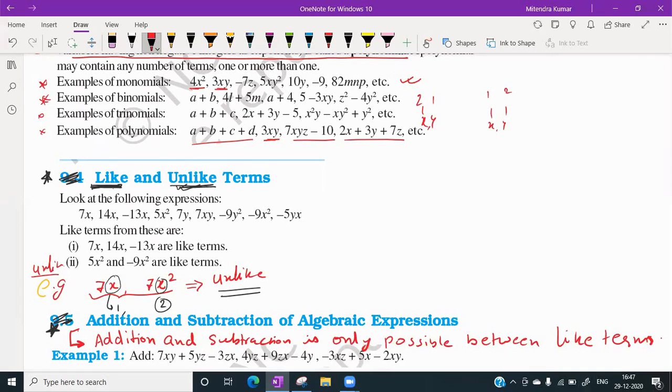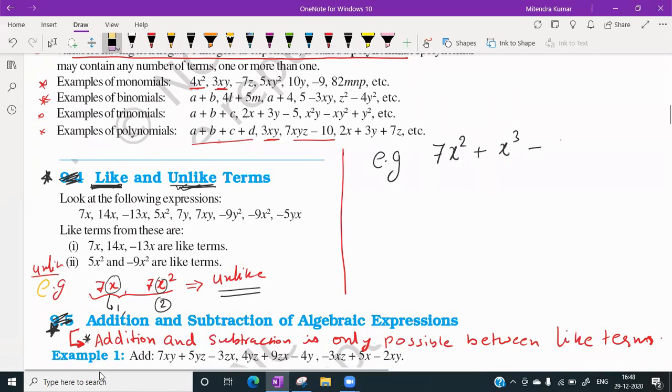क्या लिखा मैंने? What do you understand with this statement? Addition and subtraction is only possible between like terms. So let me write some examples. 7x square plus x square, oh sorry, x square plus 5 plus x, and another example, x square plus y square.